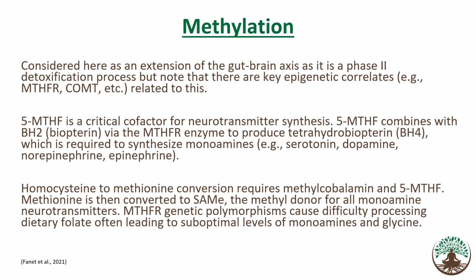Homocysteine to methionine conversion requires methylcobalamin and 5-MTHF. Methionine is then converted to SAMe, the methyl donor for all monoamine neurotransmitters. MTHFR genetic polymorphisms cause difficulty processing dietary folate, often leading to suboptimal levels of monoamines and glycine.